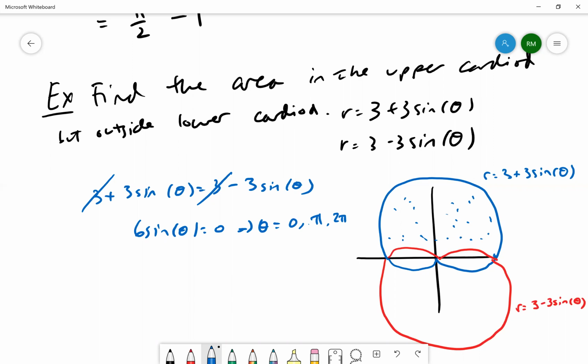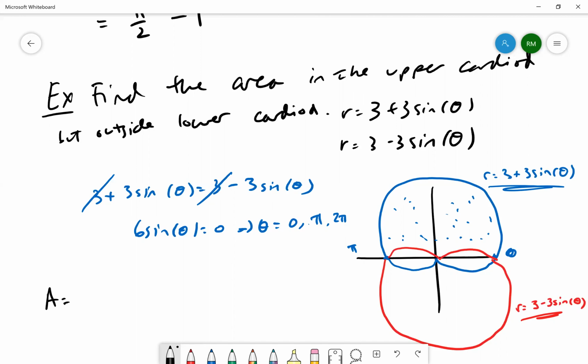So this point should occur when theta is equal to pi, and the one on the right should occur when theta is 0, and the one on the left should occur when theta is pi. So we need to find the area of the outer cardioid, that's this curve, minus the area of the lower cardioid in that range of theta values.